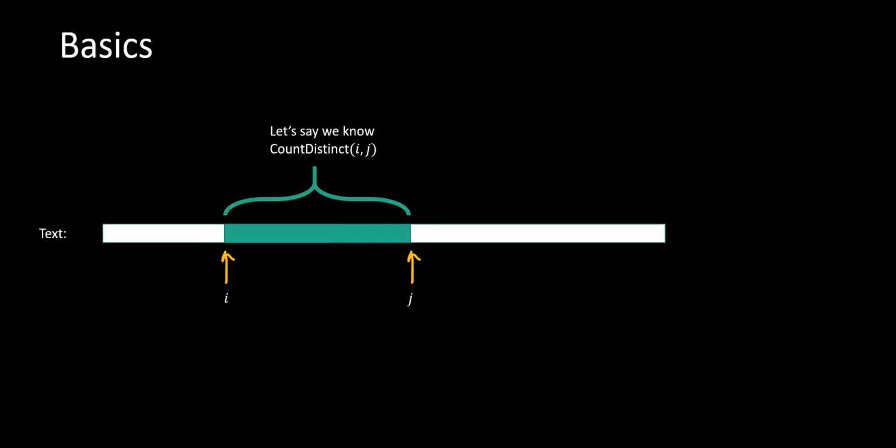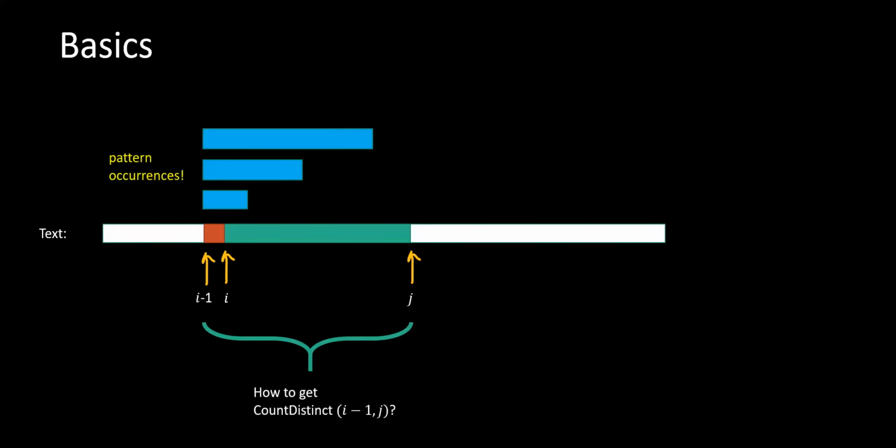Some magic fairy has told us what the answer is for count distinct at i, j. And now we would like to extend this interval to the left or to the right, or maybe contract it, and get the answer for the larger or smaller interval. So the interval changes slightly, and we would like to know how the answer changes.